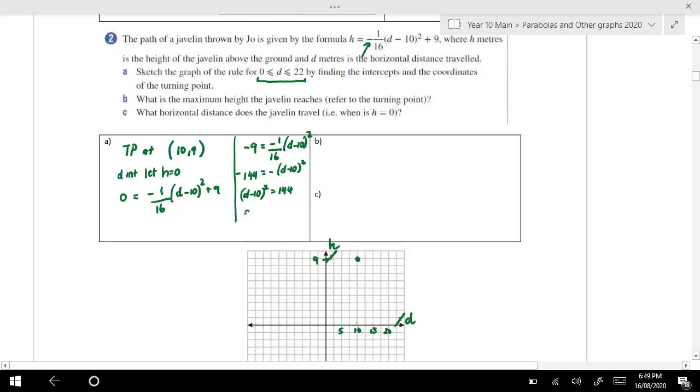The square root of (d minus 10) squared is just d minus 10, and that's going to be plus or minus the square root of 144, which hopefully you can see is 12. Now let's add 10 to both sides. So d is equal to 10 plus or minus 12.